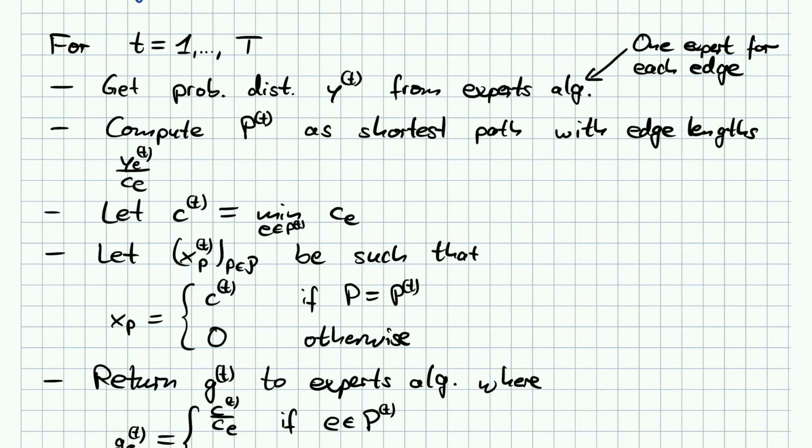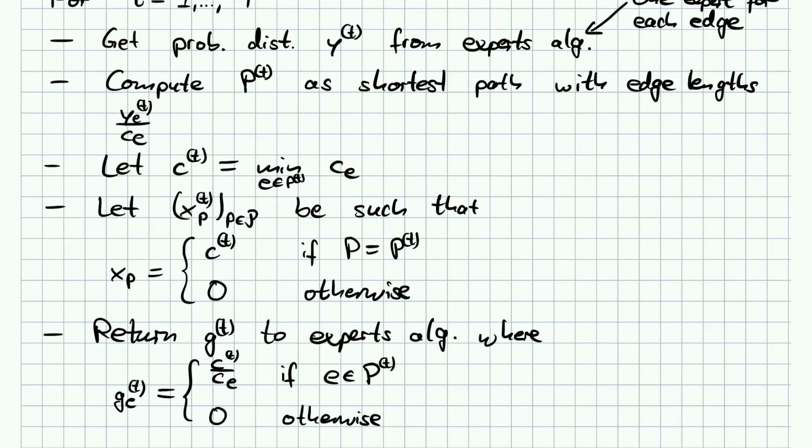Then we compute the shortest path, because this yt we can understand as edge lengths. We'll compute the shortest path with respect to these edge lengths. And then we'll see, okay, how much flow can we send along this path? And then we'll tell the expert's algorithm, okay, your gain is this much for the edges on the path, and it is 0 otherwise.